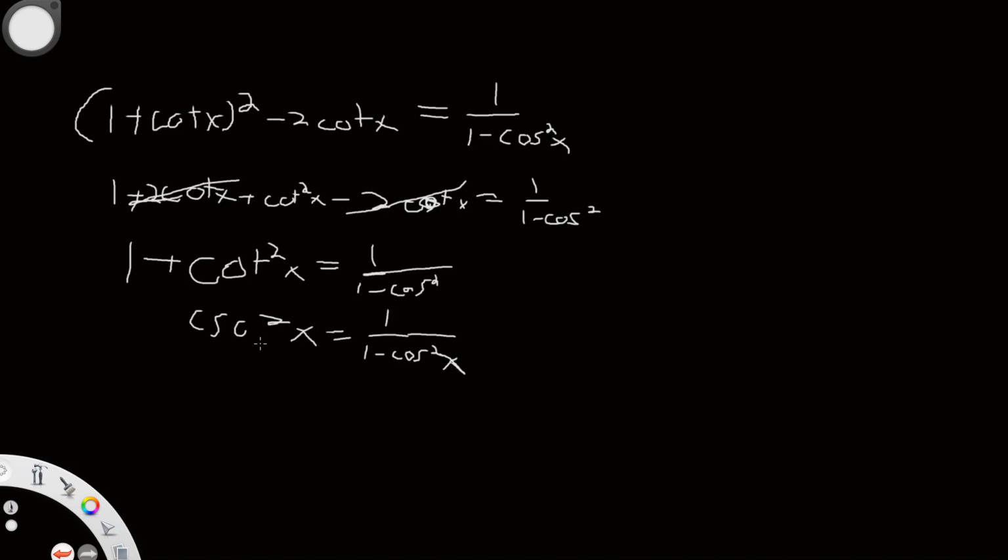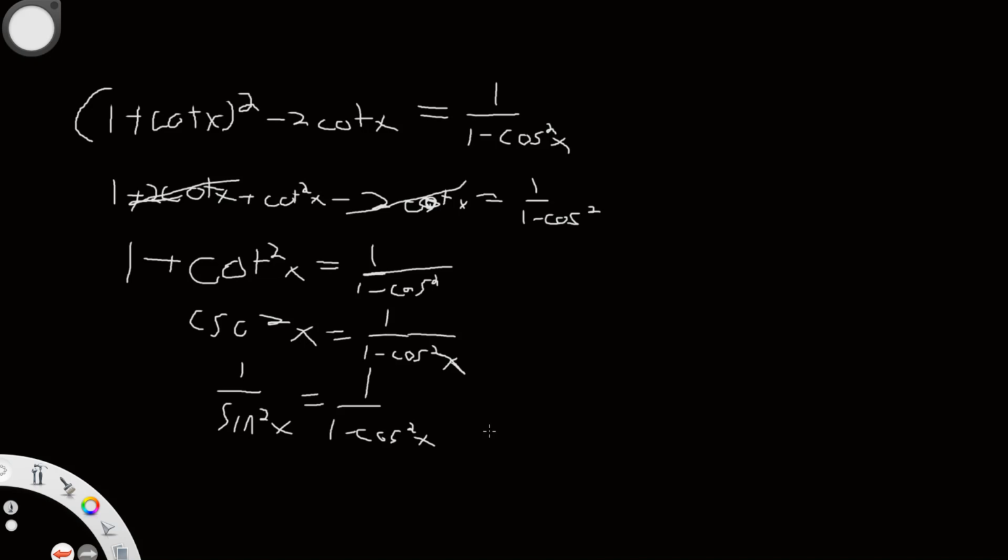So you always want to keep that in mind as you go through a problem, because you always need to be able to change cosecants and cotangents and stuff like that into tangents, sine and cosine. So basically, we turn this into 1 over sine squared x is equal to 1 over 1 minus cosine squared x.